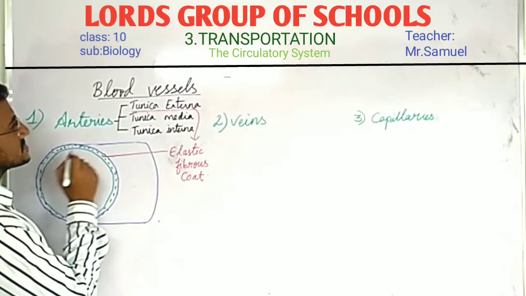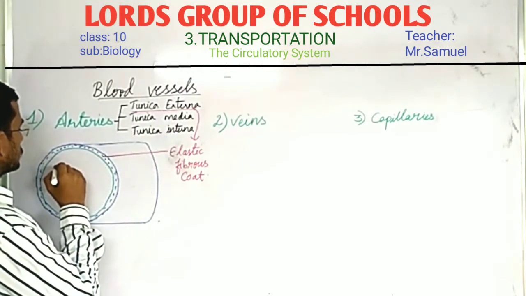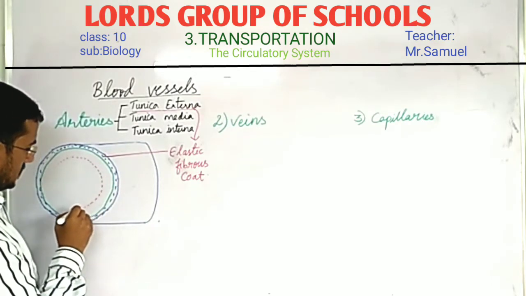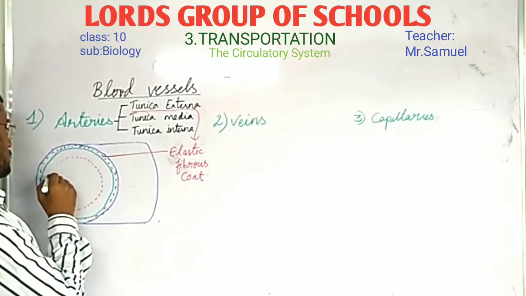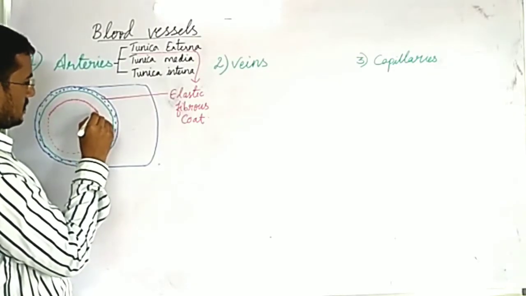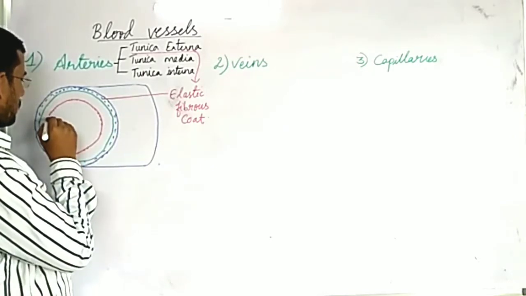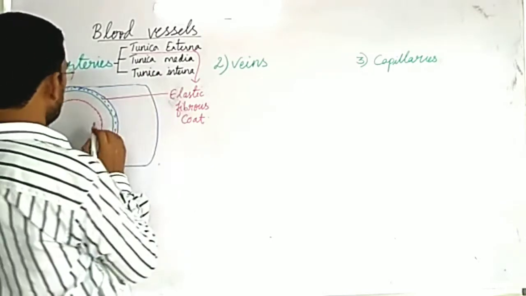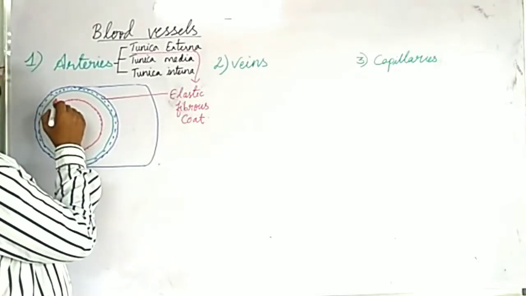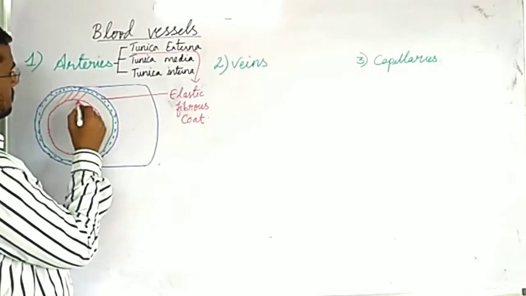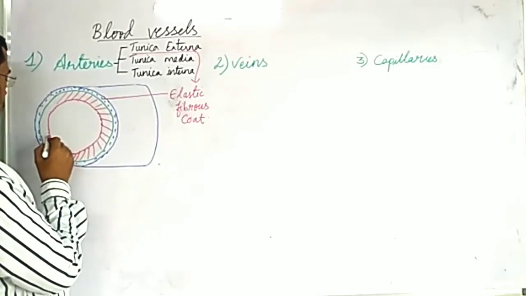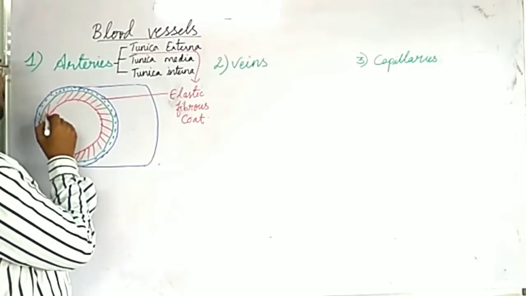Next layer is tunica media. This is very thick. Tunica media is a muscular layer made up of muscles.